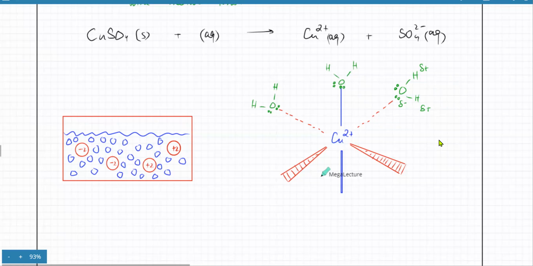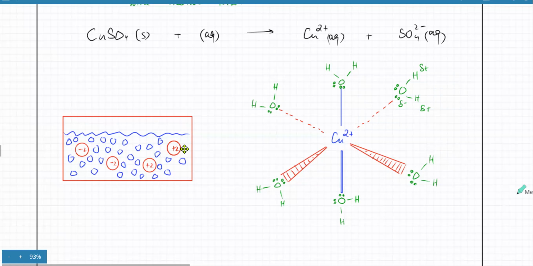From all sides, these water molecules are coming in and getting attracted to the copper ions.